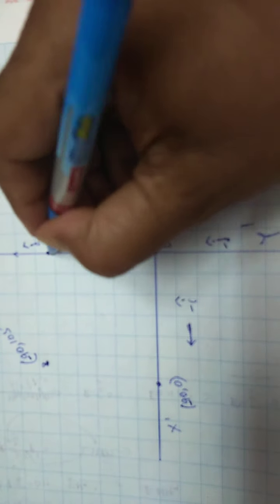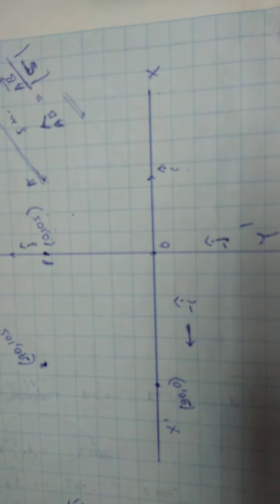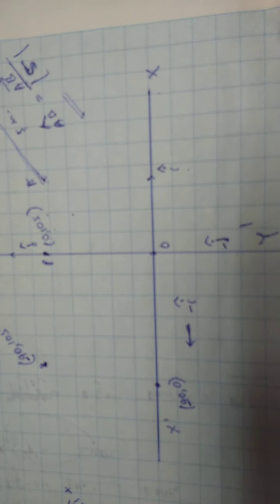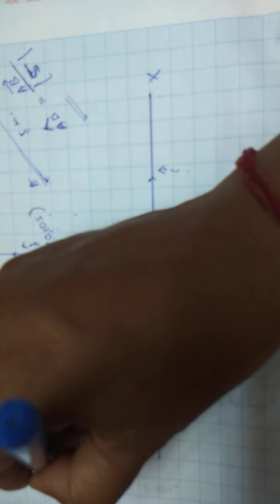So for your playground, if the point is P, then vector OP can be written as X into i, that is 0 into i cap, and the Y coordinate is 105, so it is going to be 105 j cap.